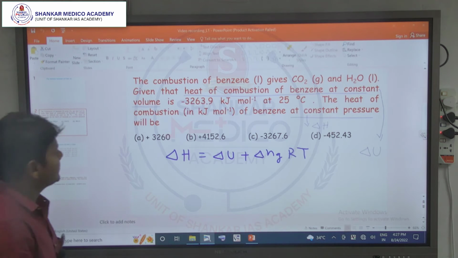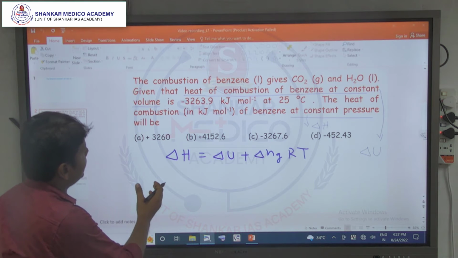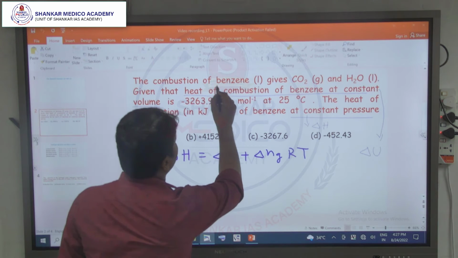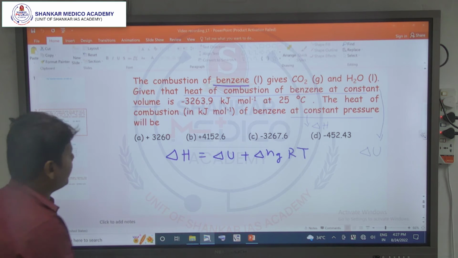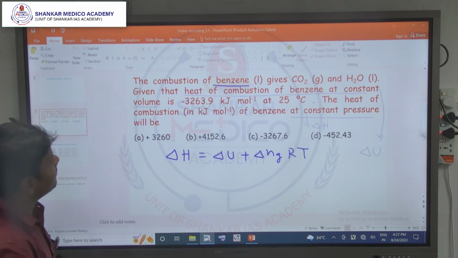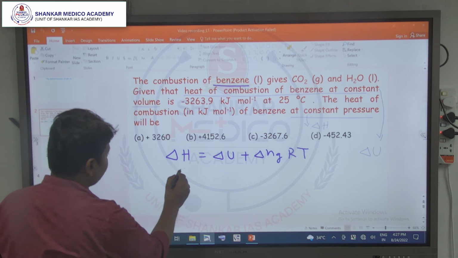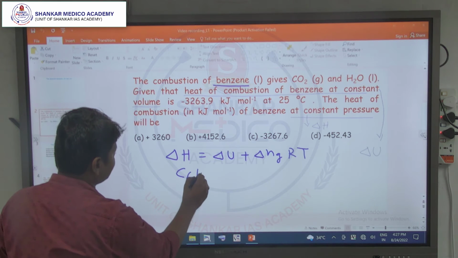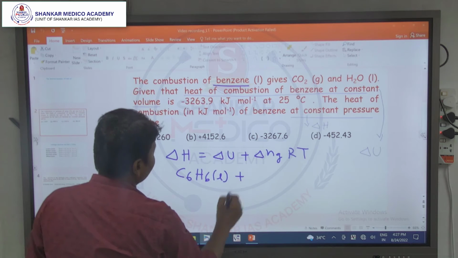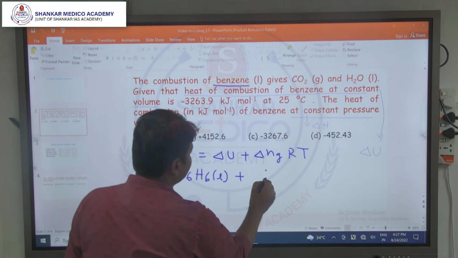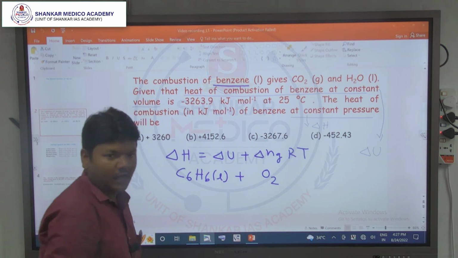So, we need to first understand what is the combustion reaction of benzene, then we need to fit into this equation to evaluate your delta H. So, what is the combustion reaction for benzene? If you take benzene, it is C6H6, which is liquid, then combustion reaction will occur in the presence of oxygen.